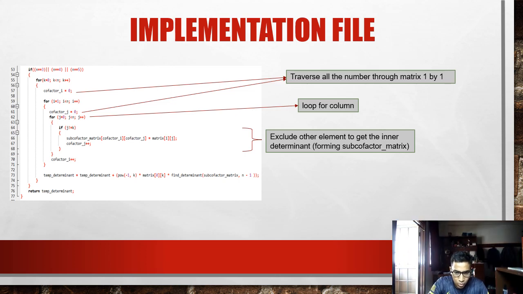Then I look for column J, normal. And then if J is not equal to K, exclude other elements to get the inner determinant. As you can see, if J is not equal to K, subcofactor matrix cofactor I cofactor J equals matrix I J. What does that mean?